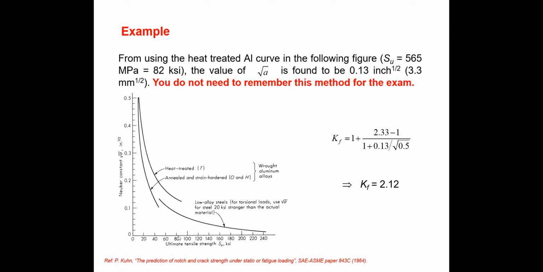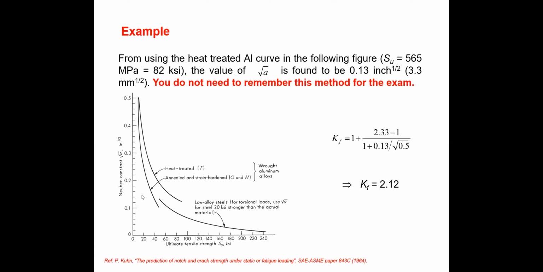So ultimate tensile strength 82, and you can find the Neuber constant using this curve: draw the line and get the value. 82 somewhere here, and this 0.5 they provide in inch. So you need to find 82 and 1.3 somewhere here.